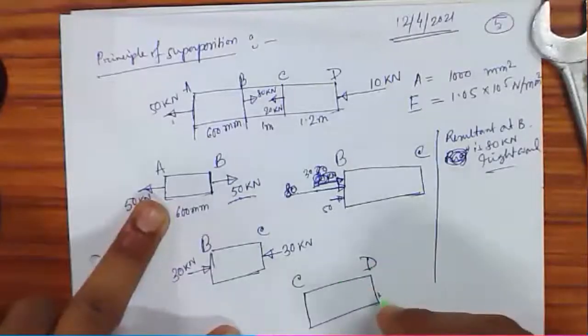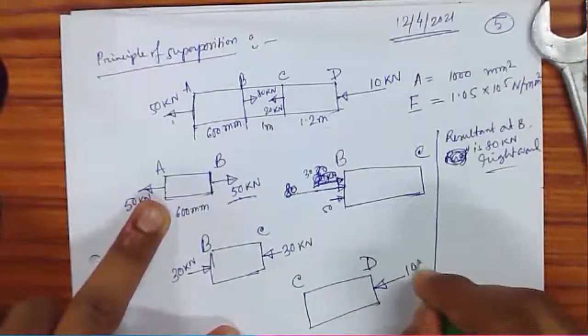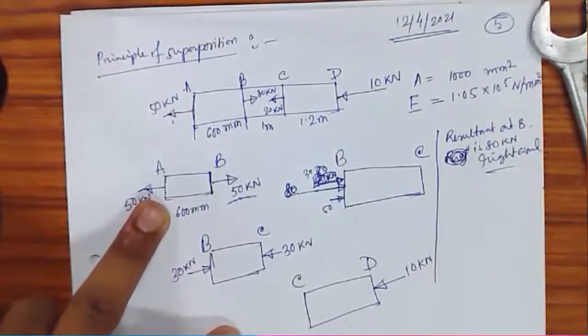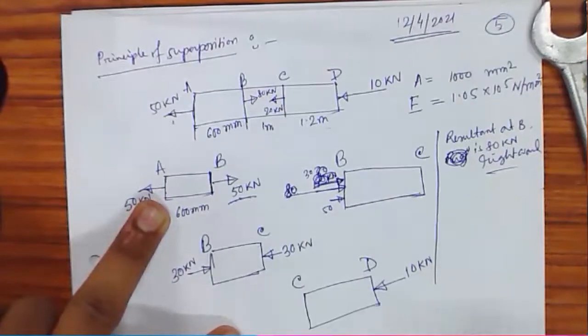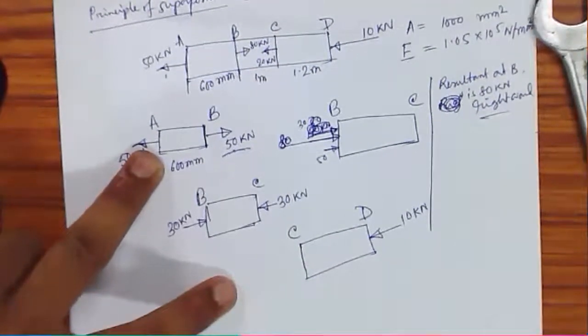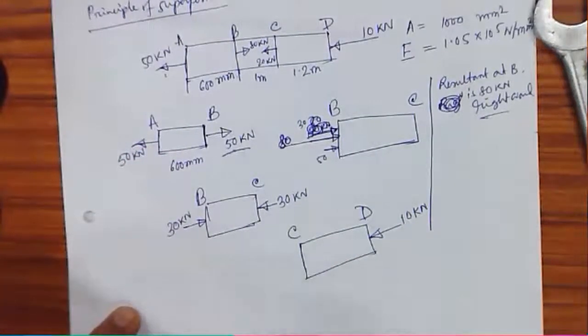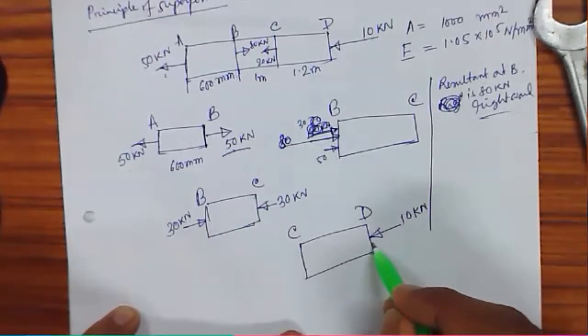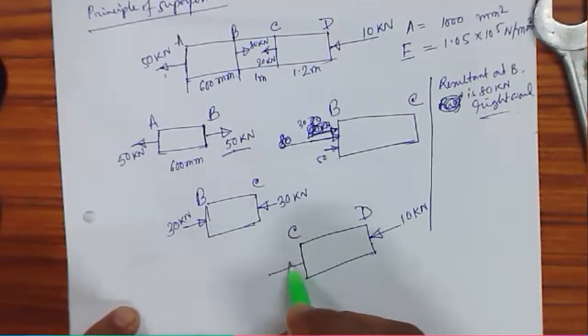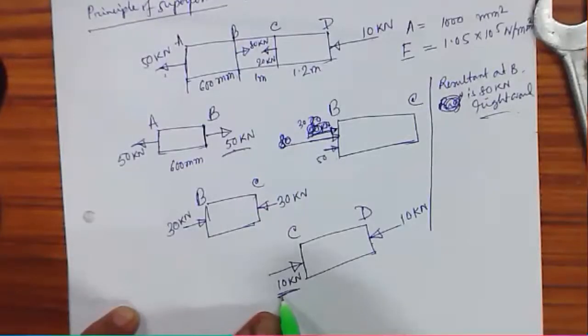In D we can see there is 10 kilonewton, and we draw it as it is. So we have drawn D as it was. To keep it in equilibrium, there should be another force of 10 kilonewton, but we have to check whether 10 kilonewton is available at C or not.